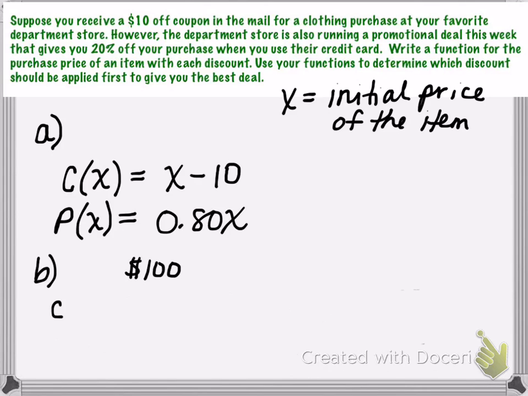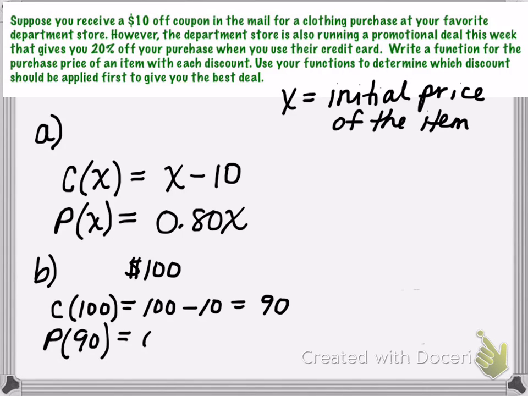If we use the coupon first, that would be C of 100. So our $100 item, we get $10 off. Now it costs us $90. Then if we apply the percentage on that $90 item, we'll be paying 80% of $90. In the end, I'd end up with an item that cost me 72 bucks.